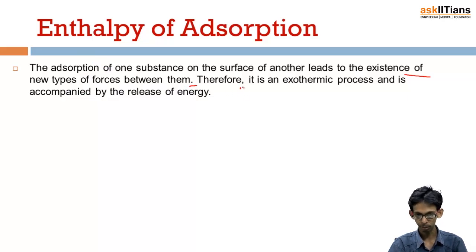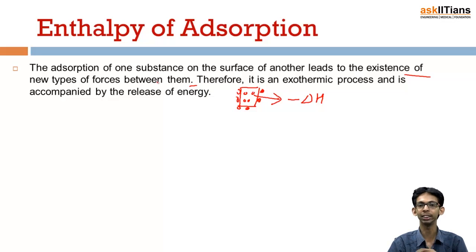That means if we have a solid surface and gases are being attached on its surface, adsorption is taking place, and so this process will always be followed by release of energy because it is an exothermic process. Adsorption is always an exothermic process.